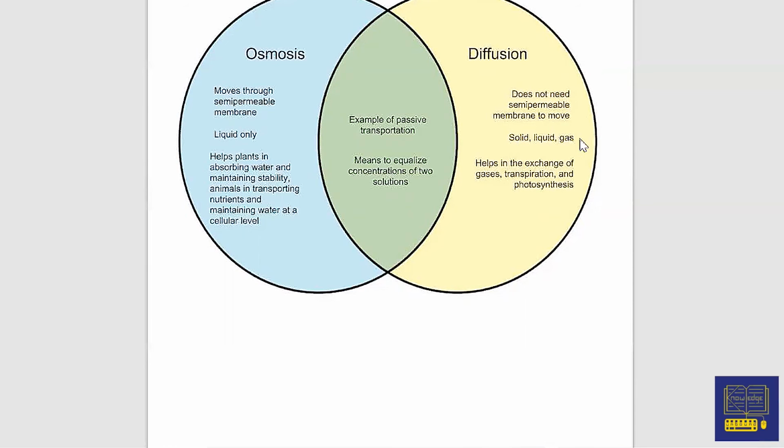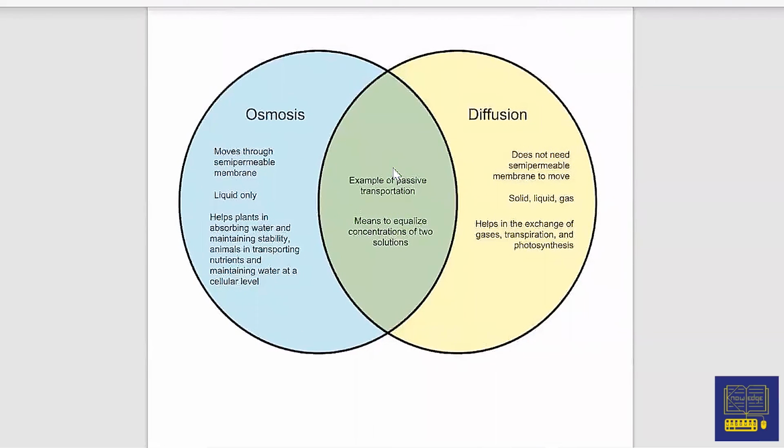It's present in solids, liquids, and gases, and helps in exchange of gases, transpiration, and photosynthesis. Both are examples of passive transport, meaning they equalize the concentration of two solutions. These are the similarities.